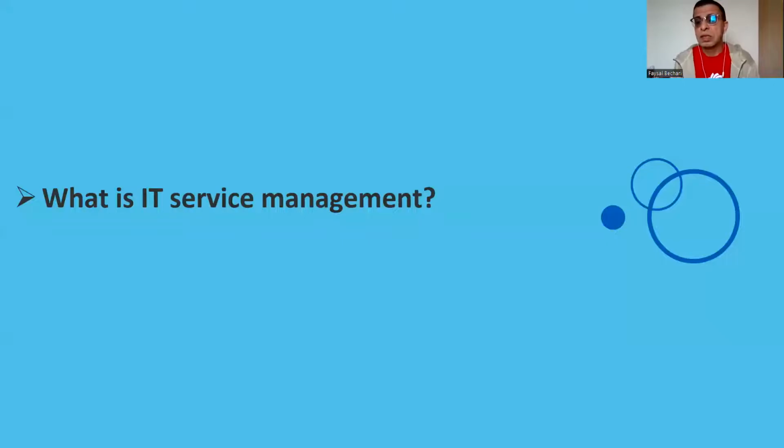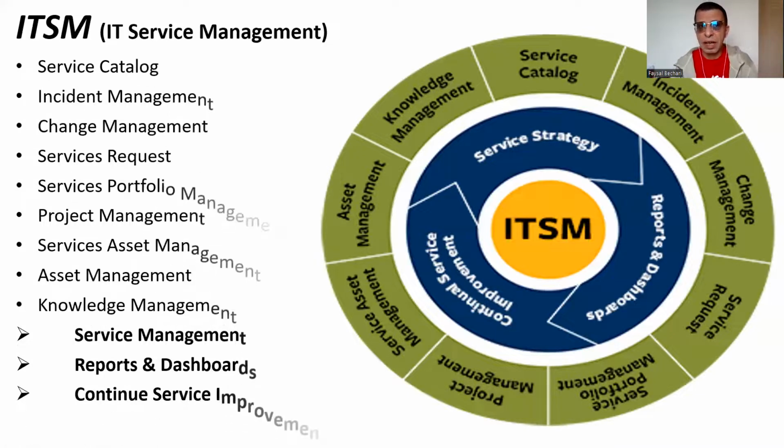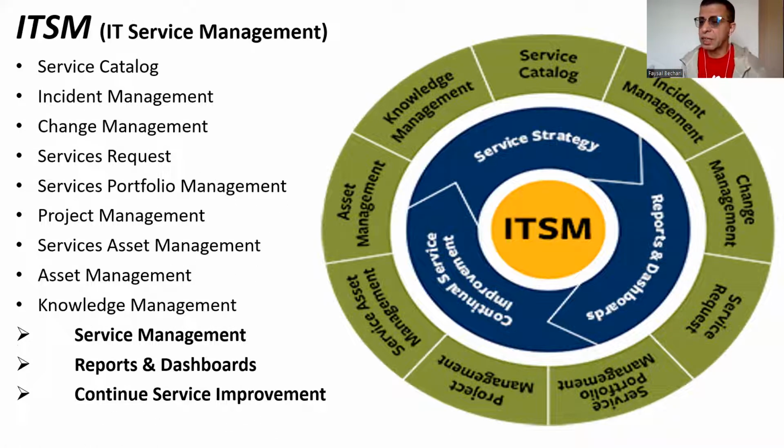For example, before we start talking about how you're going to specialize and what your choice is, let's talk about what IT service management is. In IT service management, what we see here is a diagram which consists of issues in IT service management, or ITSM, and they can be a company, a third party, providing a service catalog.